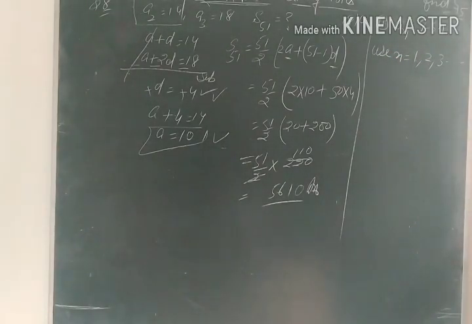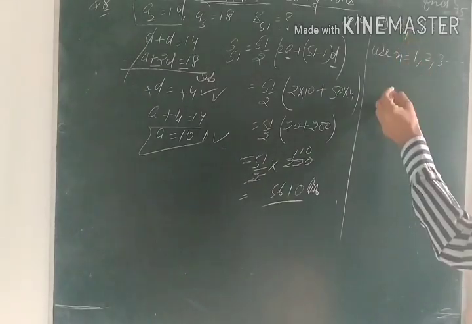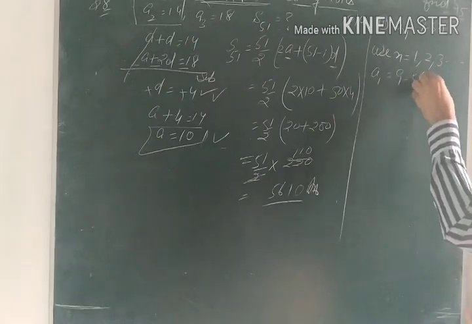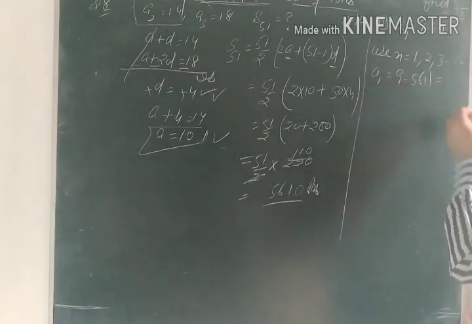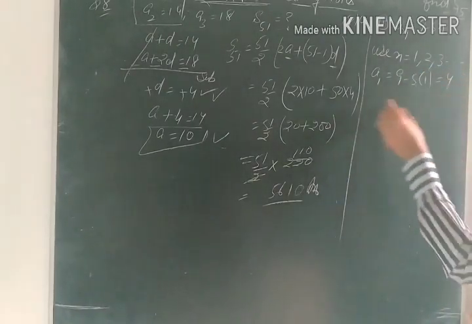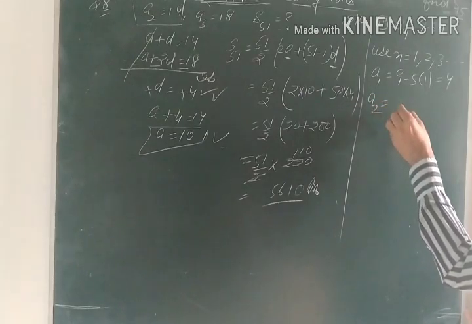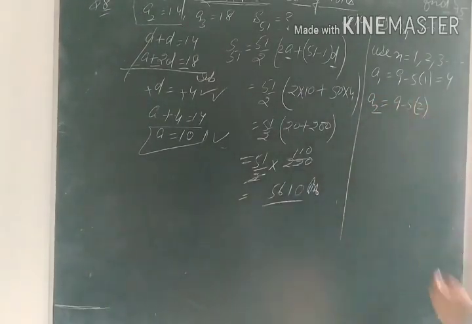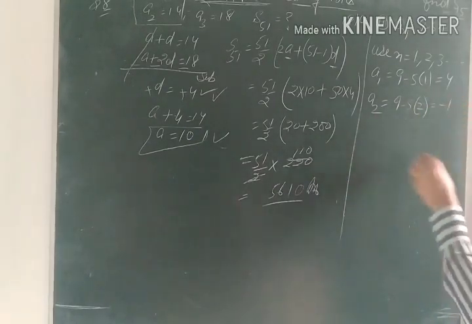First put 1, then a1 is 9 minus 5 into 1, and this one is 9 minus 5, that is 4. The second one is 9 minus 5 into 2, 5 twos are 10, so this one is minus 1.